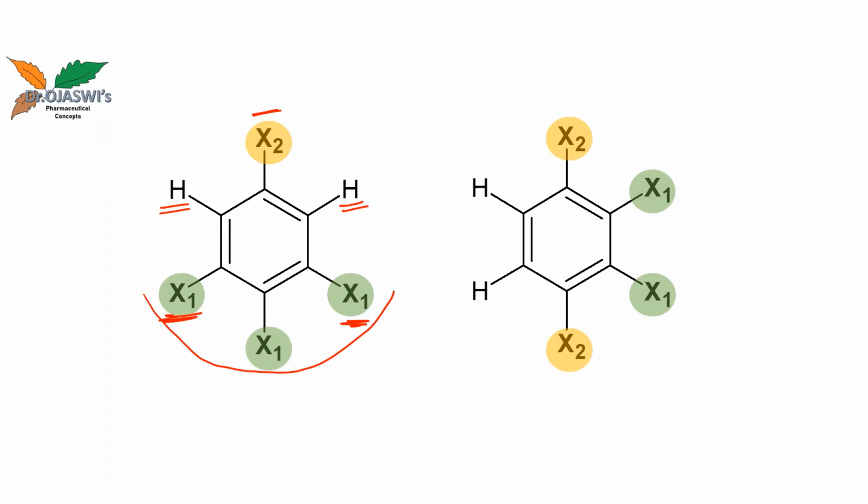So I can say that this H and this H are chemically equivalent, but as far as this part is concerned, this H is coupling with X2 and this H is also coupling with X2, which is present on their neighboring carbon.